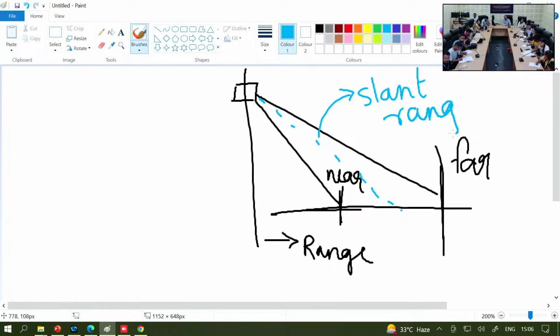It's called the slant range because this straight line is the range, this is the height of the aircraft or spacecraft, and this is the slanting line towards the range direction. So, slant range.